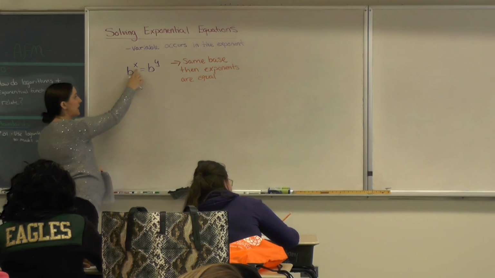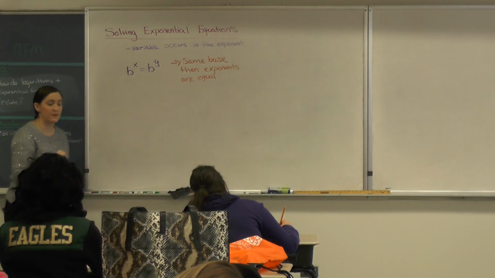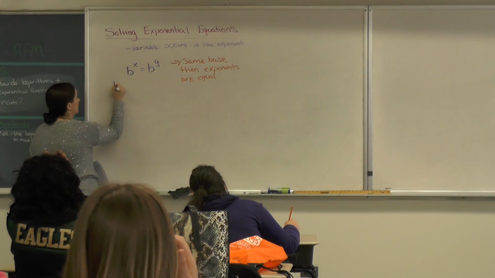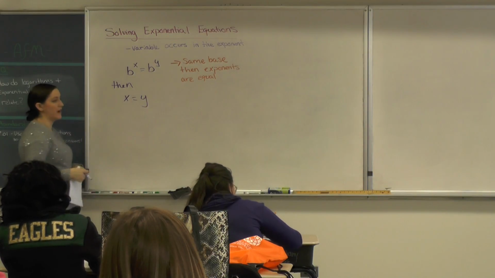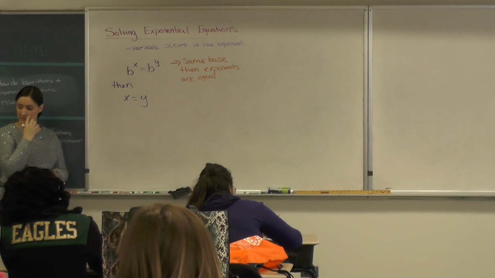Okay, so if b to the power of x equals b to the power of y, we have the same base, then x equals y. Our exponents will equal each other.